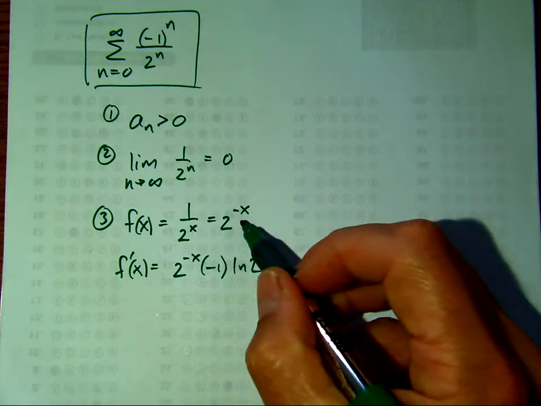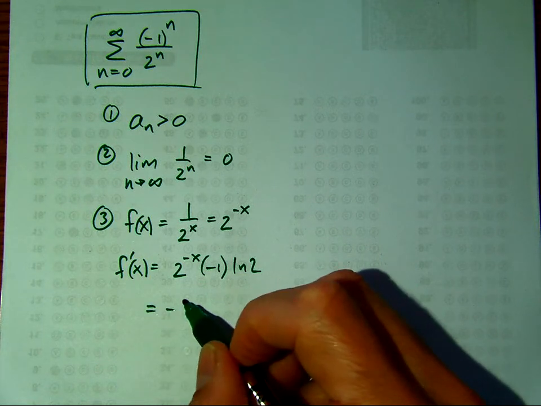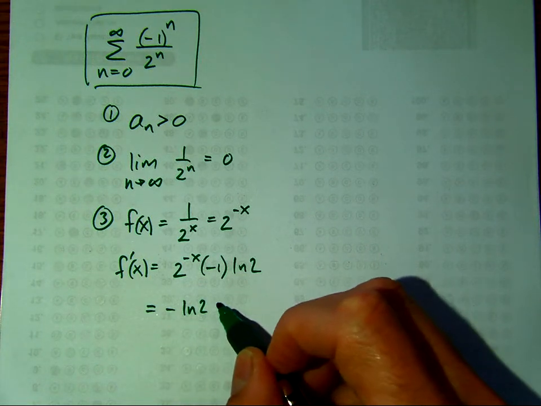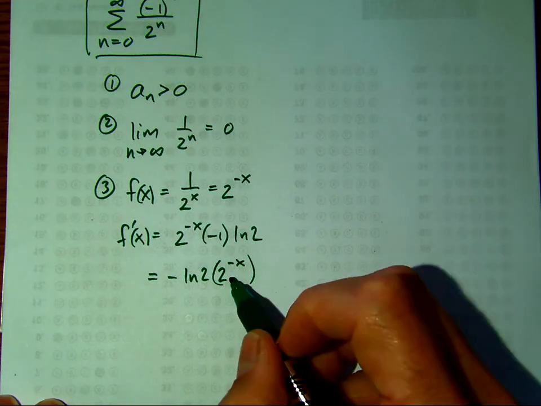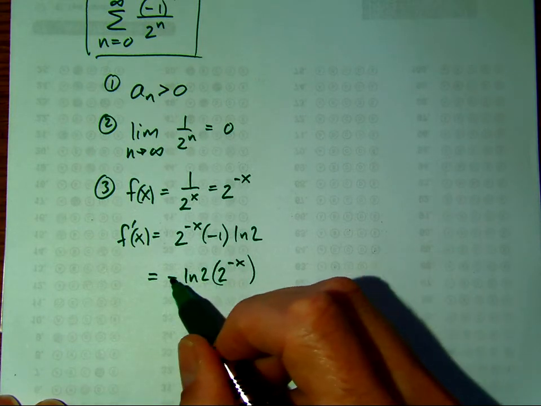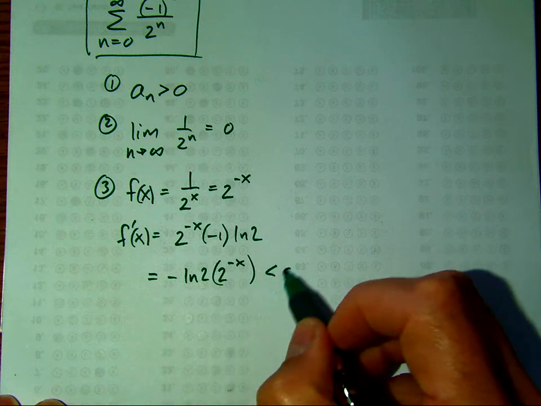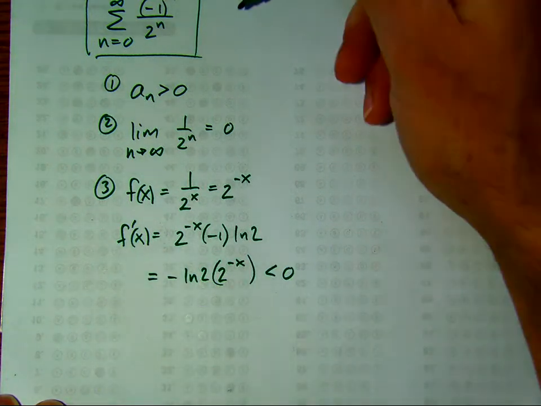We do the chain rule, ln of the base. We have negative natural log 2 to the negative x. And this is always positive. Here we have a negative. So we know that this is always less than 0. The derivative is negative. And that's going to tell us that the sequence is decreasing.